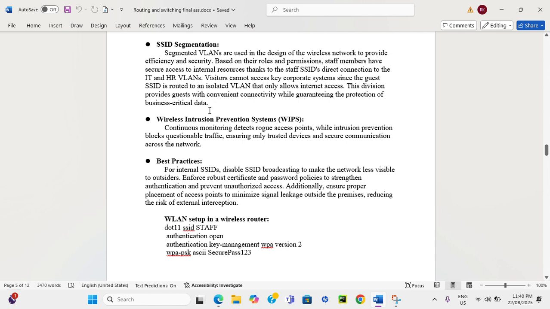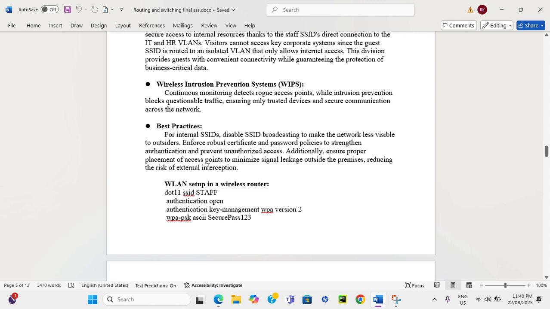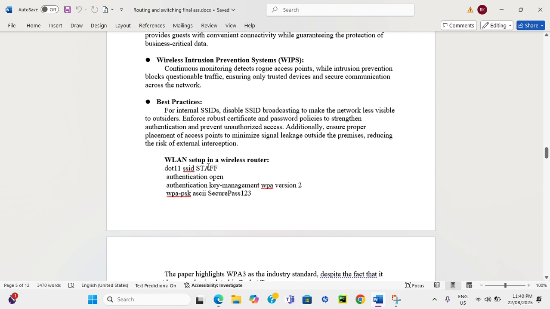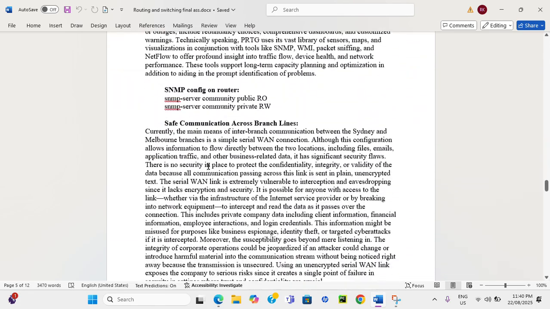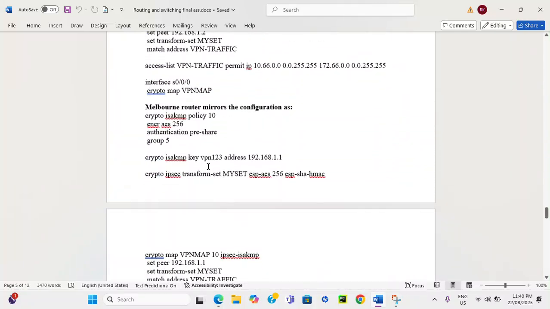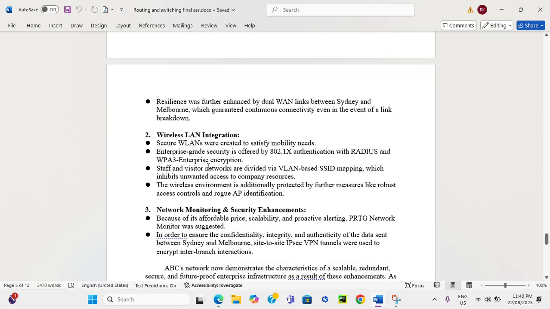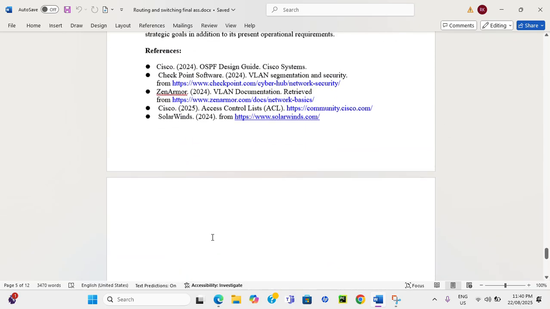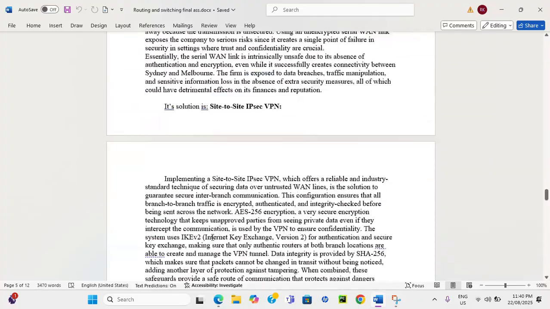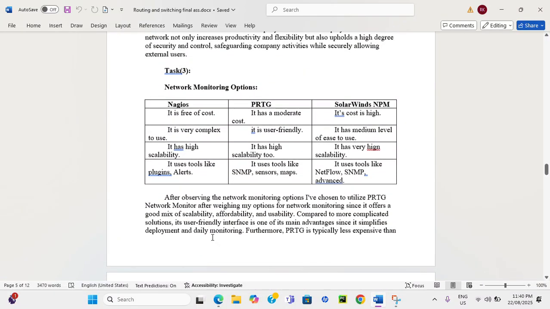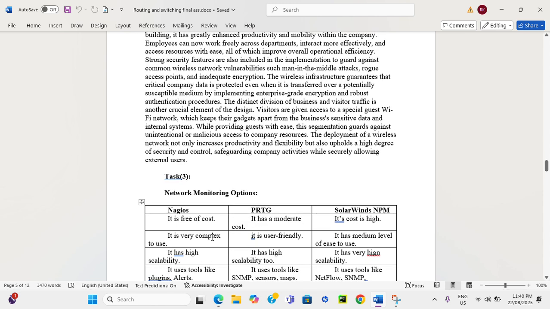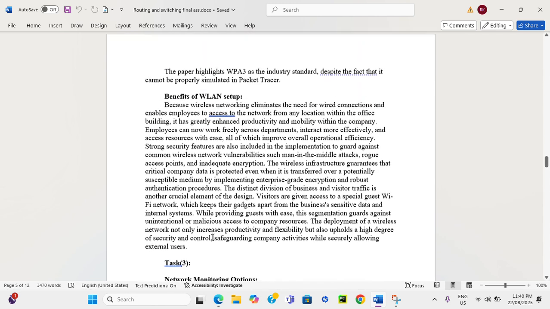with internet only access. For security, I suggest WPA3 Enterprise with a RADIUS server-based 802.1X authentication.